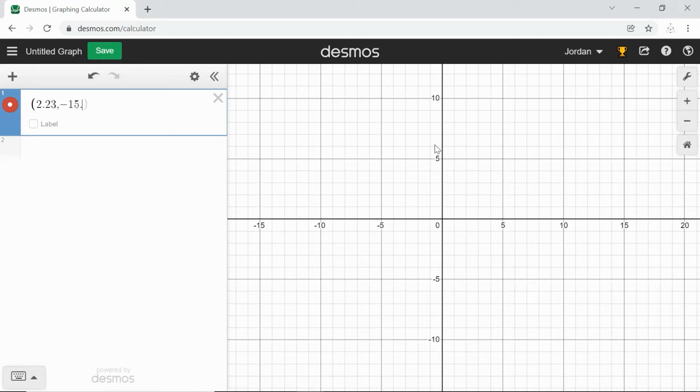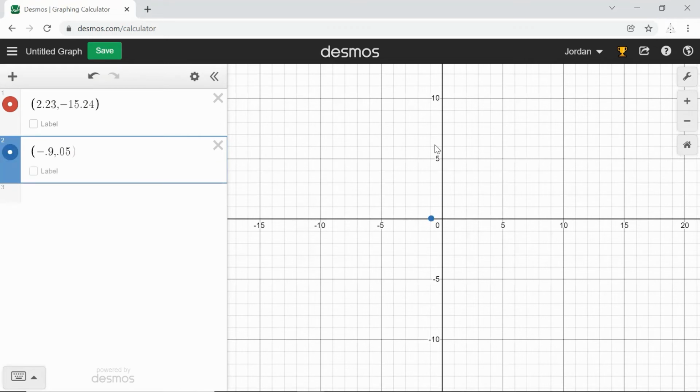Oh, I'm sorry, negative 15.24. That's one of my critical points. My other critical point is negative 0.9, comma, 0.05. My point of inflection is 0.67, comma, negative 7.62.